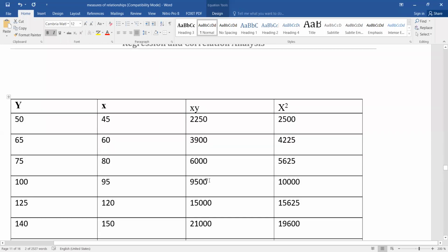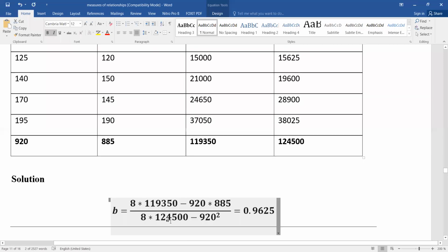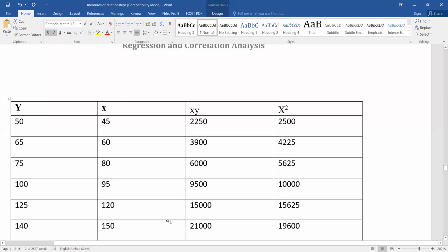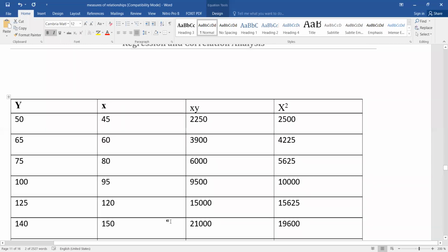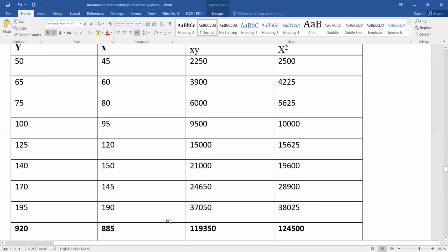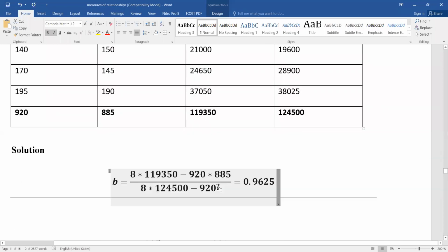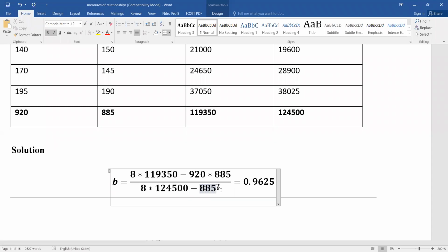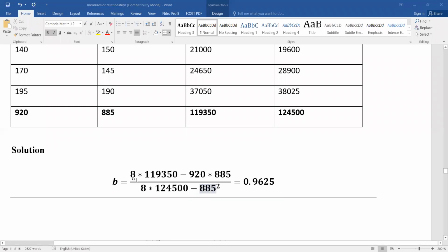Sorry. Oh, 920. This should have been 885. Should have been 885. But the rest remains. What was our X here?